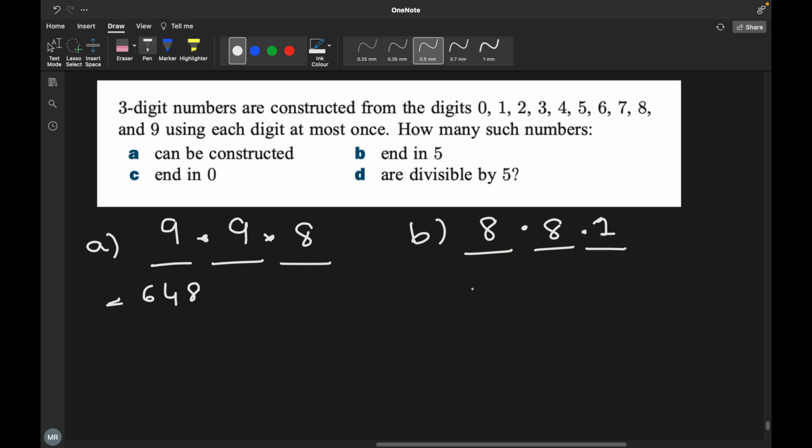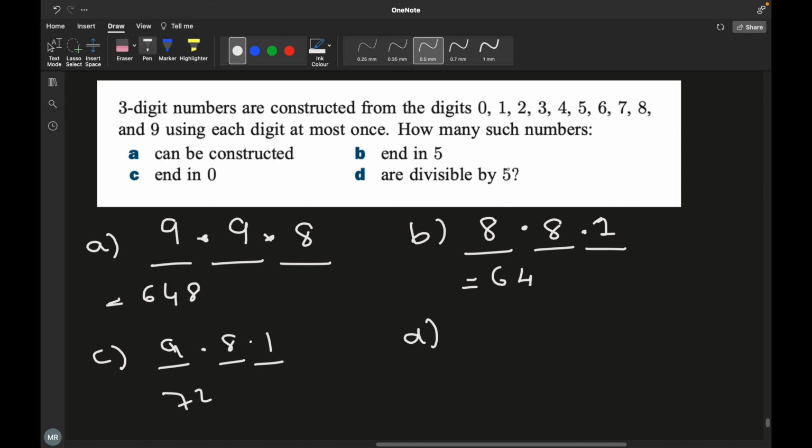So it's going to be 8 into 8. So it's 64. And C, it ends in 0. This can be occupied in one way, this 9 and this 8. This is 9 because 0 is already here and we don't have to worry about that. So it's going to be 9 into 8. That's 72.